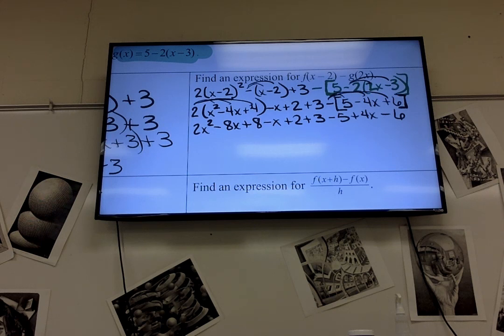That is probably the most common mistake, is when you have minus something, people don't remember that that minus sign has to go with everything behind it. So you have to put in parentheses or brackets or something. Now we just combine like terms. So 2x squared, I don't have any other x squareds, so it's just 2x squared.